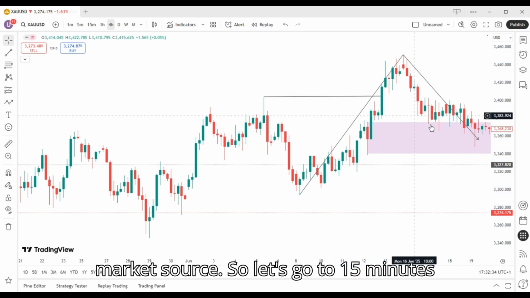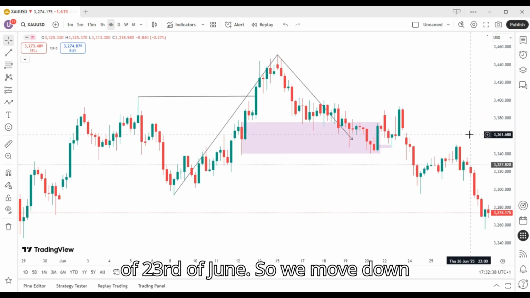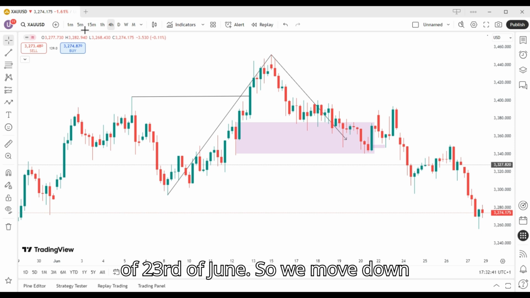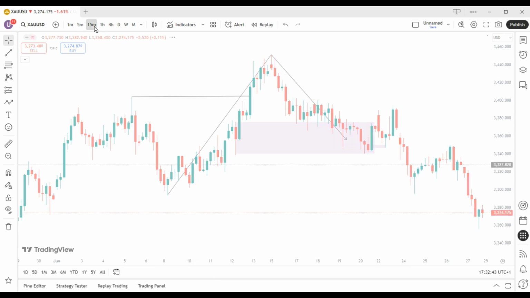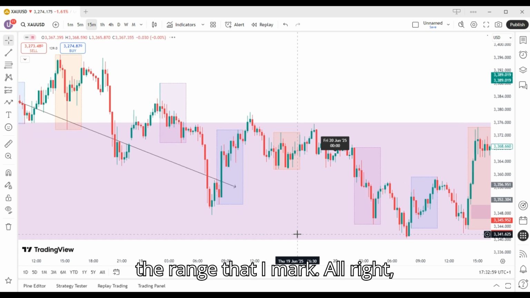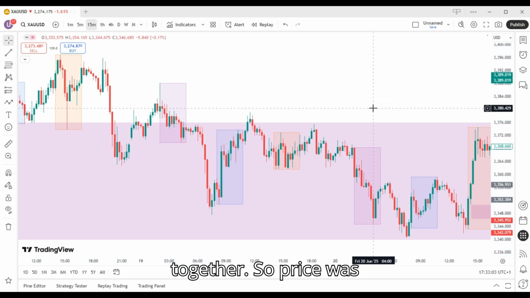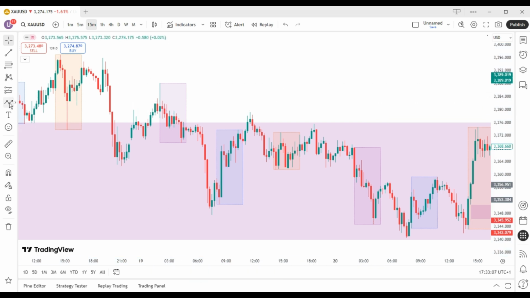So let's go to the 15 minutes time frame on the 23rd of June. We move down to the 15 minutes time frame, and this is the range that I marked. So let's analyze this chart together. Price was coming down from this zone.